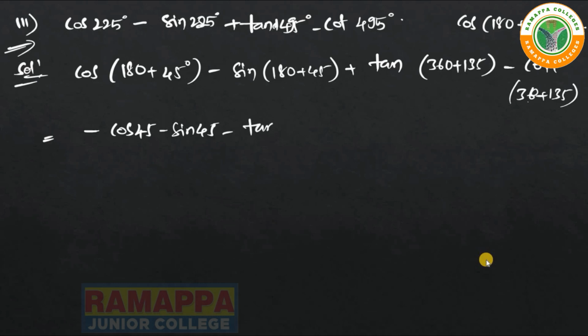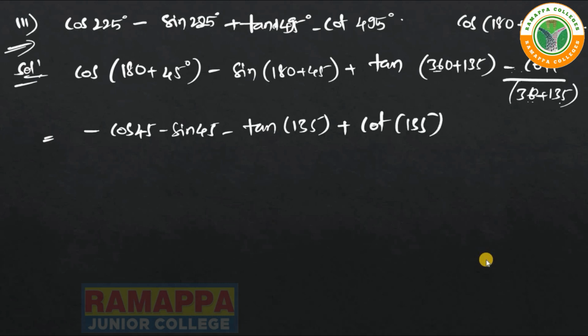Already I told you that one. And minus cot of 360 plus 135 becomes minus cot 135.